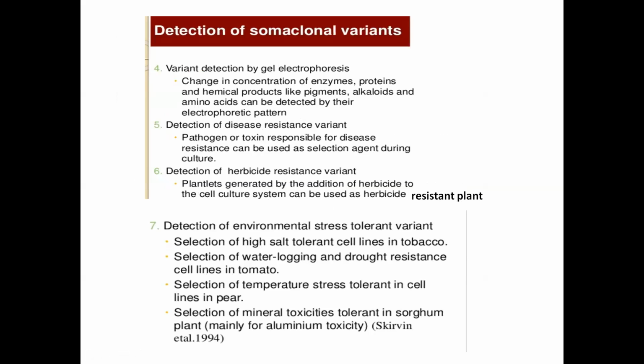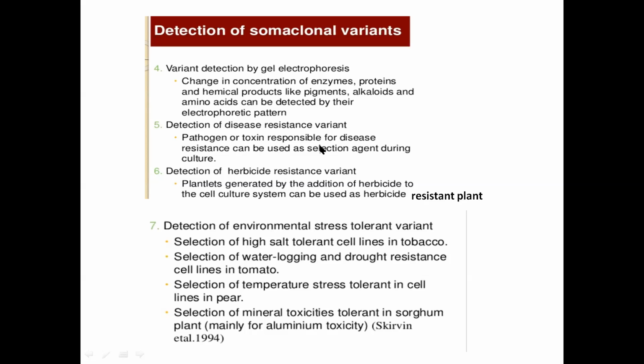When you target a particular protein, you want to see how there is a variation in the different generations of the callus. You can look for the concentration of the enzyme, the concentration of a particular protein, the concentration of pigments. You can look for specific secondary metabolites. You can detect them using gel electrophoresis.